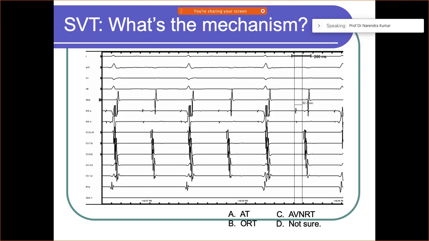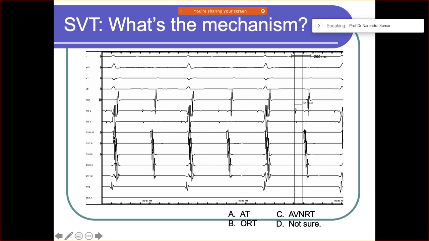So what is the mechanism over here? What is really happening over here? If you look carefully, these are the surface V's. However, if we start going inside the intracardiac ECGs, we look at the HRA. There is like 2:1 conduction.